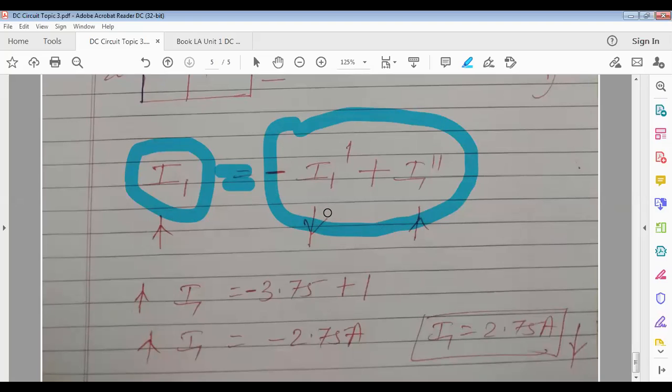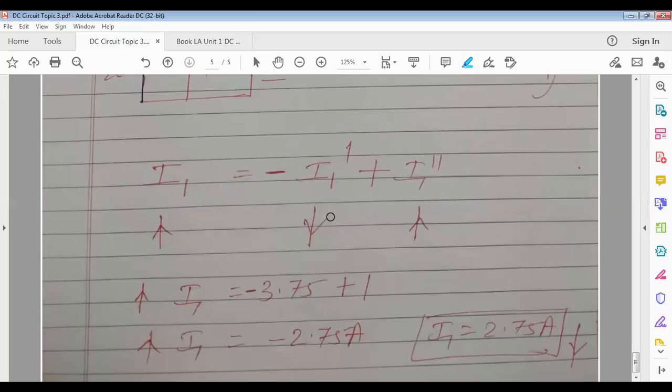Making the rest of the sources inoperative means: if voltage sources are there, make them short; if current sources are there, make them open. Clear? You can apply the superposition theorem to linear circuits, same as Ohm's law, and not to non-linear circuits.